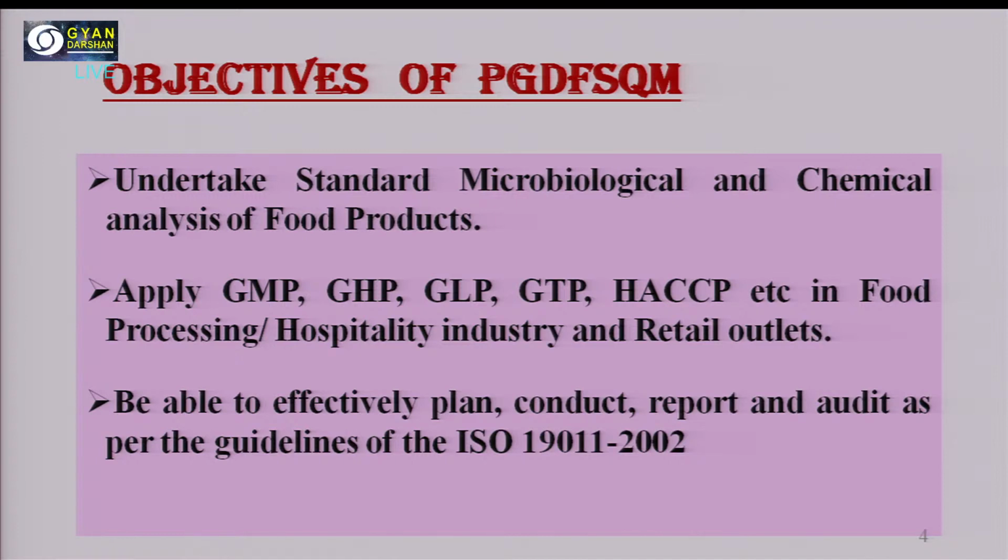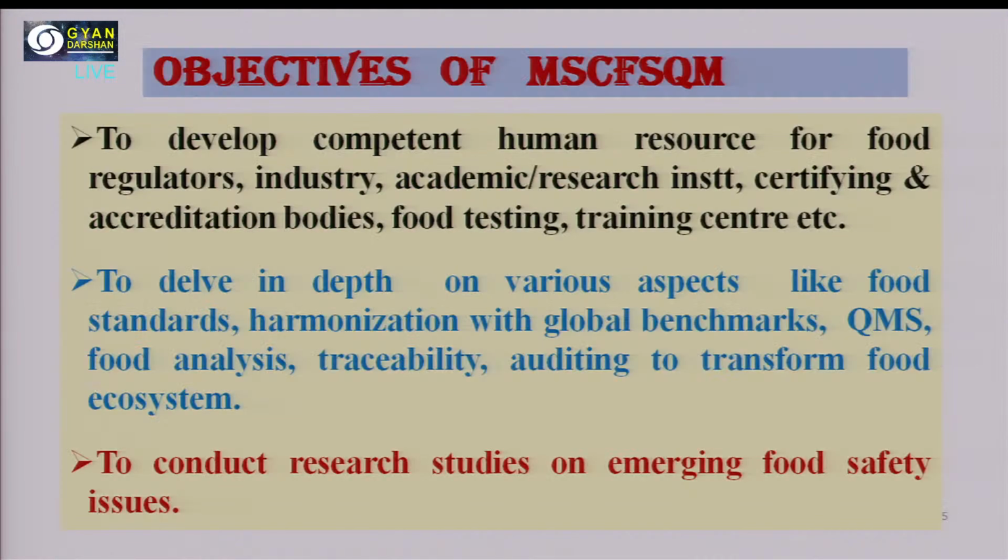So these are the objectives of the PG diploma program, and definitely these are also the objectives of the master's program. But as you know, in the master's program there will be a second year course also. So we learn something more. So what are those courses? Those courses will help you to learn about food toxicology, public health, emerging issues, biotechnology, research methodology, and definitely you will be doing one research.